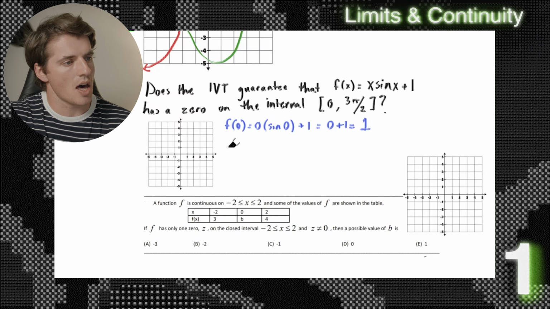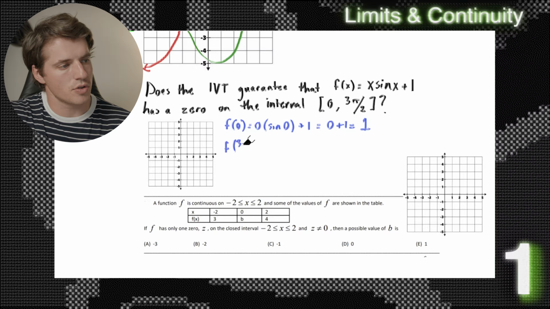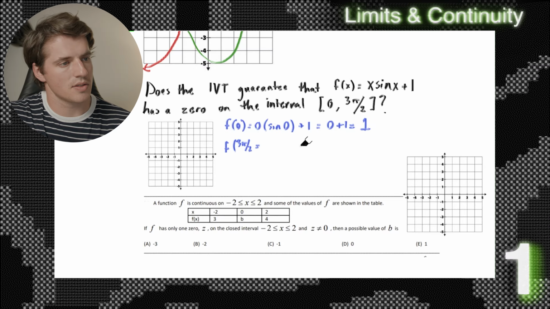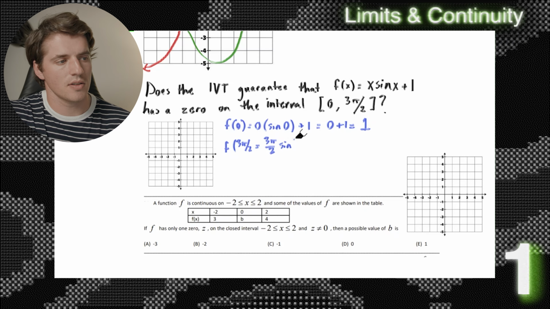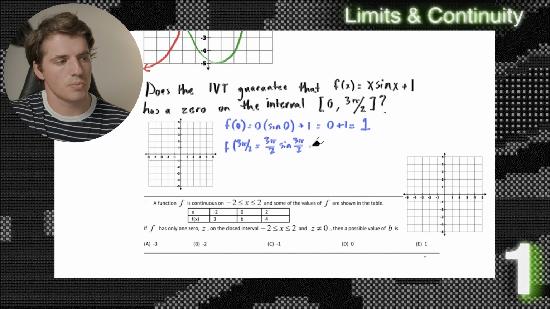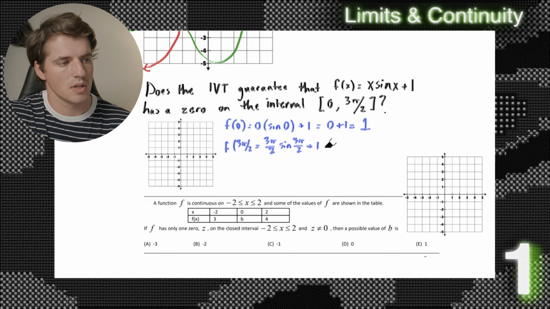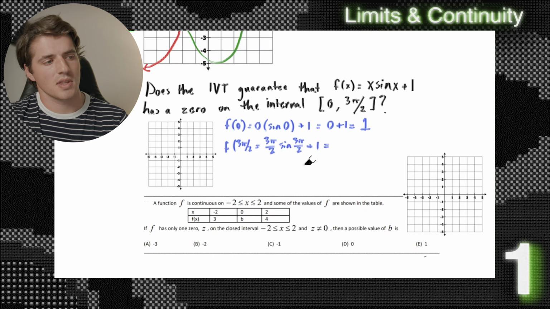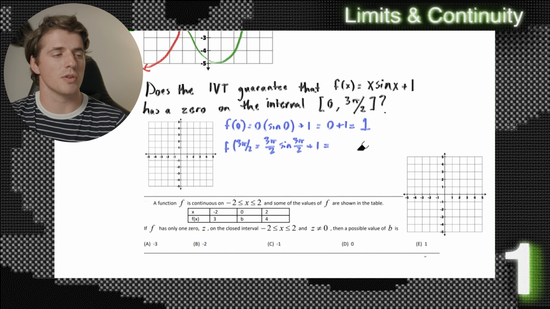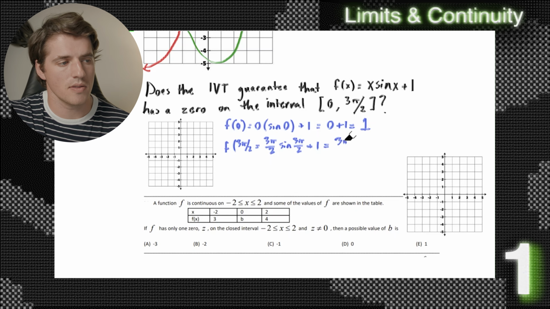Great. f of 3 pi over 2 is then 3 pi over 2 times sine of 3 pi over 2 plus 1. Sine of 3 pi over 2, hopefully you remember the unit circle, is -1.